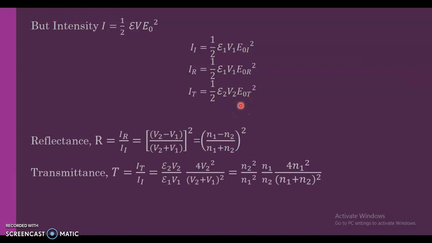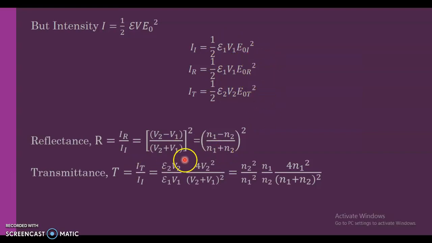Now, using these intensities, we can calculate the reflectance and the transmittance. That is, the reflectance R can be obtained by taking the ratio of IR and II. We can see from this equation that IR is equal to half epsilon1 V1 E0r square, and II is equal to half epsilon1 V1 E0i square. On taking the ratio, these quantities get cancelled and the remaining terms are E0r square divided by E0i square.